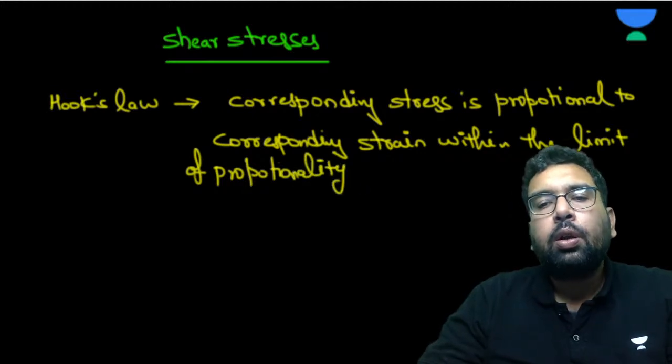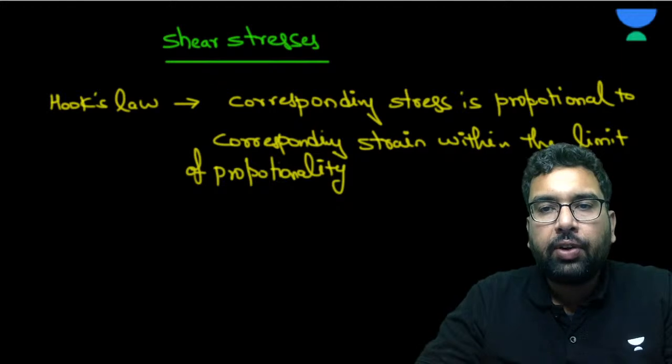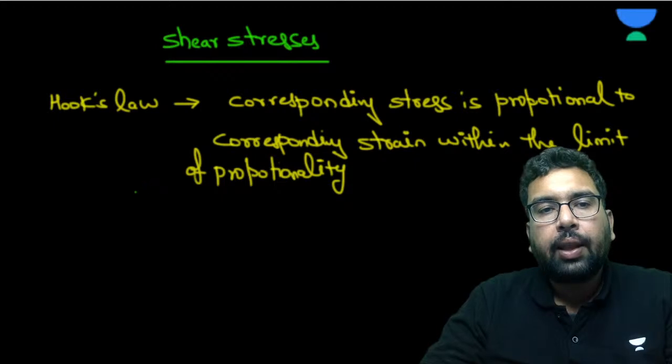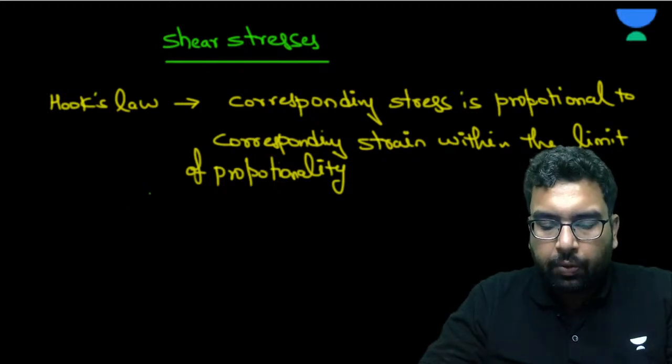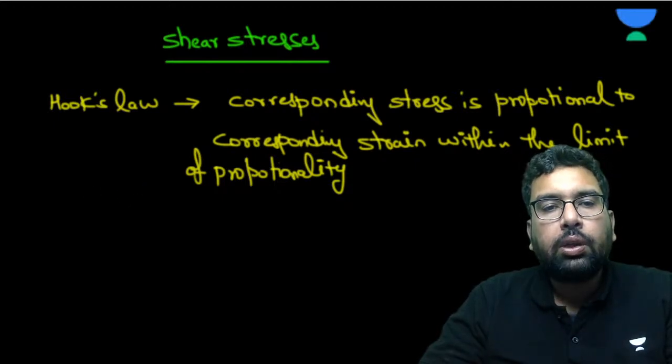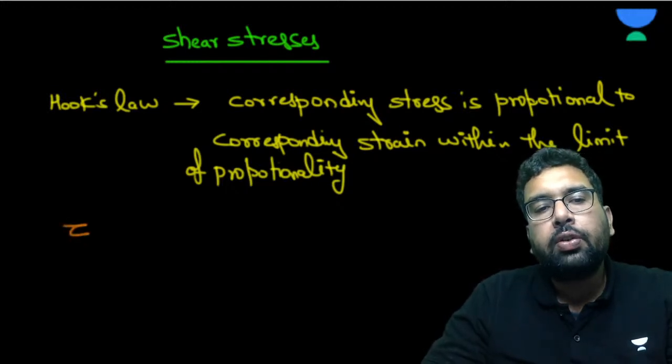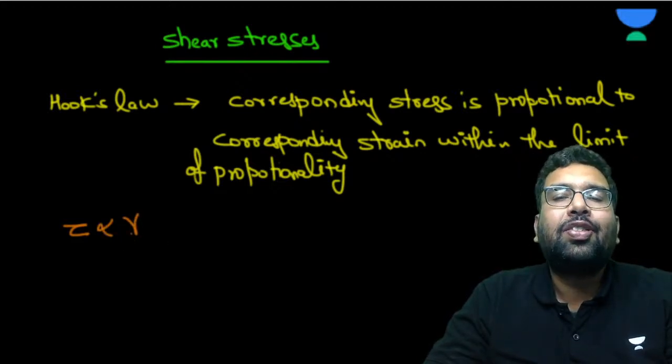Now from Hooke's law, we have related the normal stress and the normal strain, that is the longitudinal strain. We can also say that shear stress is proportional to shear strain, that is tau is proportional to the shear strain, which we'll represent like this.